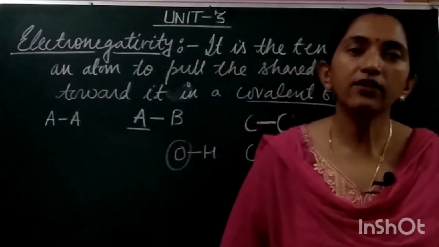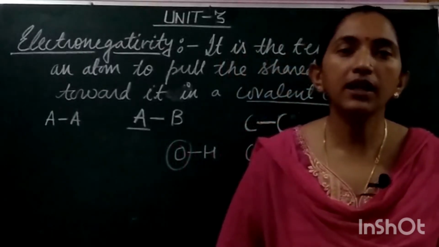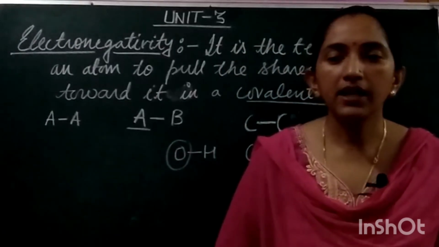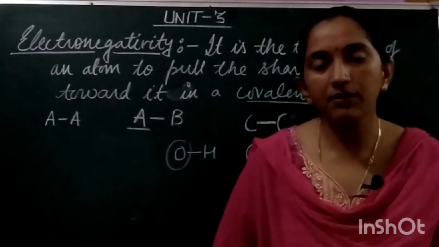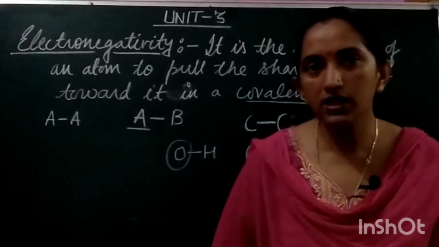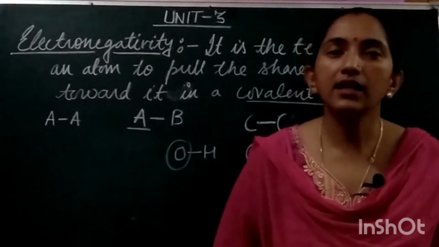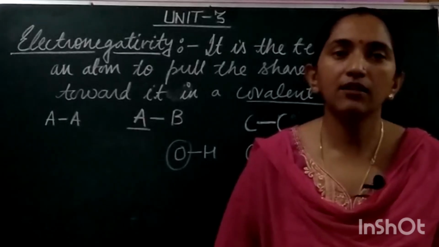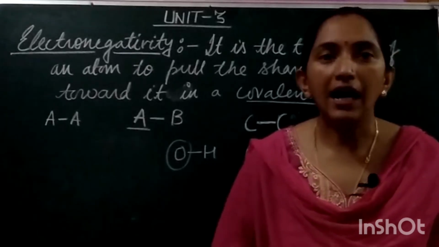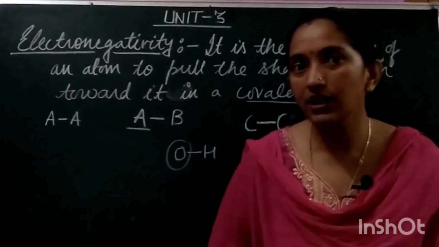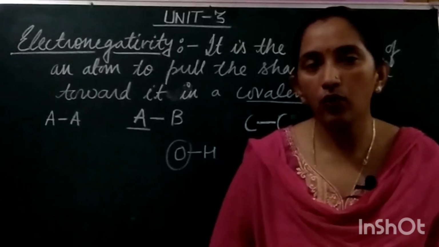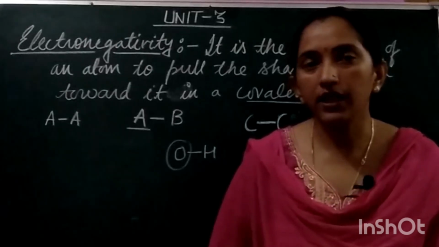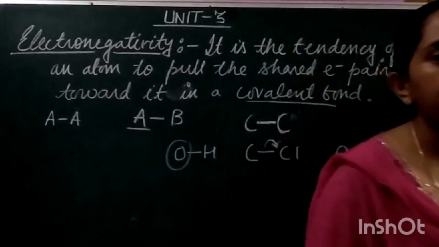Now, the electronegativity of any element can be determined with many scales, like the Mulliken scale and the Pauling scale, but the Pauling scale is widely accepted, and on that basis fluorine has an arbitrarily fixed value of 4, and fluorine is the most electronegative element in the periodic table, right?